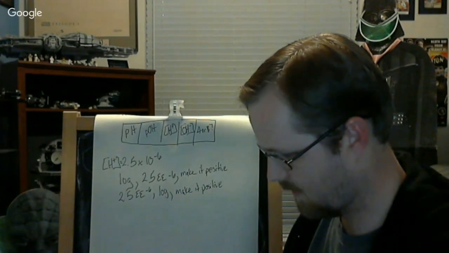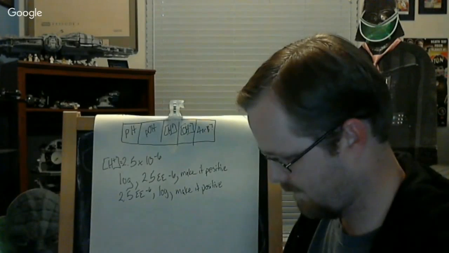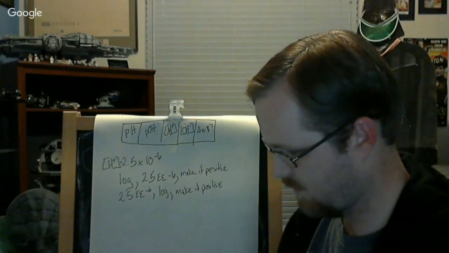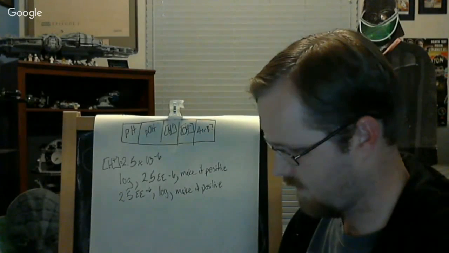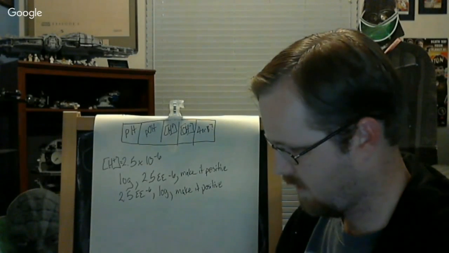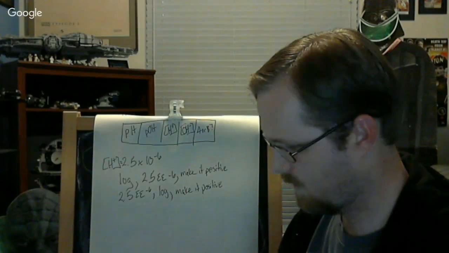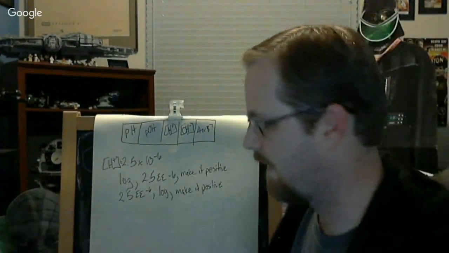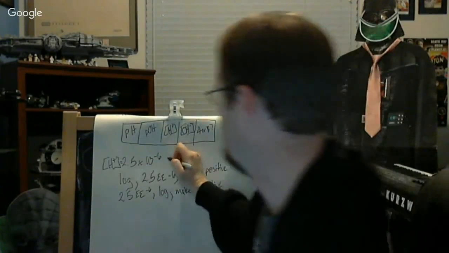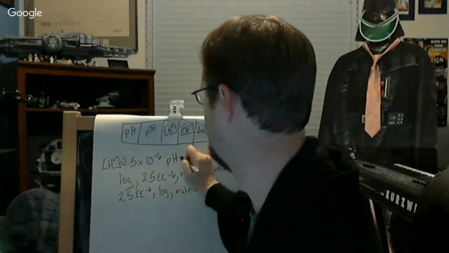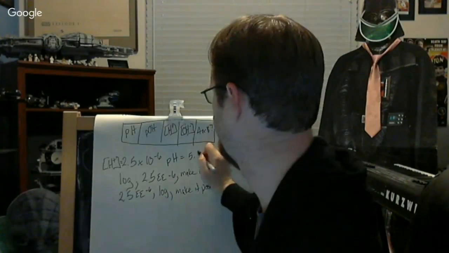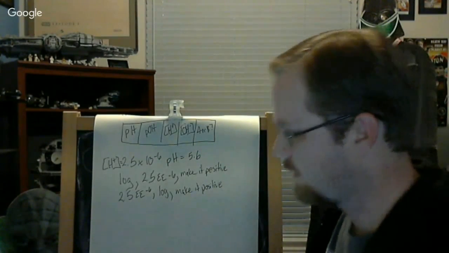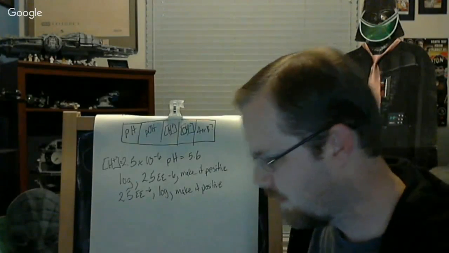That's ridiculously awkward. Okay, let's try that again. There we go. All right, so log of 2.5 EE negative 6. And I'm going to hit equals. And so what I get on my screen is a negative 5.6. So here, the pH, since I'm going to make it positive, is 5.6. Okay, so that's what you do.